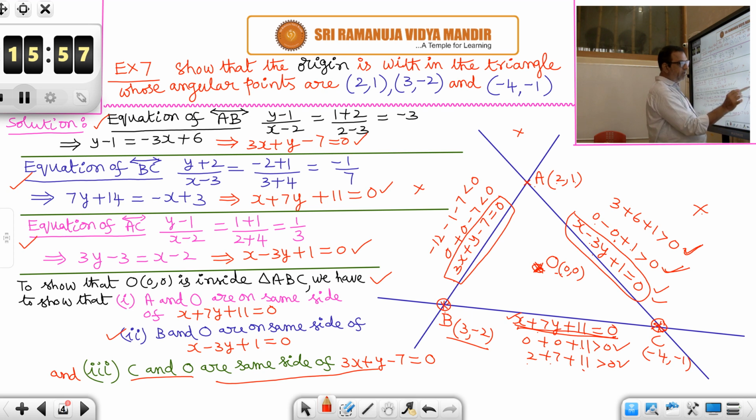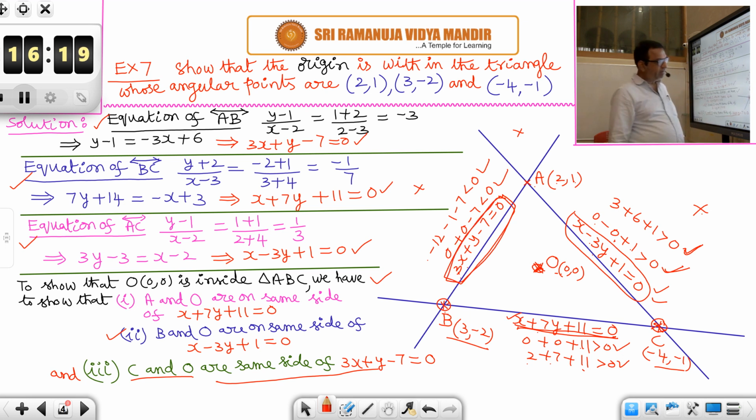If you substitute origin, what are you getting? Minus 7, which is less than 0. Substitute the point C, minus 4, minus 1 in the equation of the line. Minus 12, minus 1, minus 7, which is also less than 0. That means C and origin are on the same side of this line.